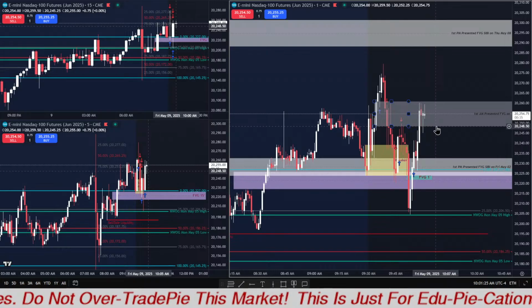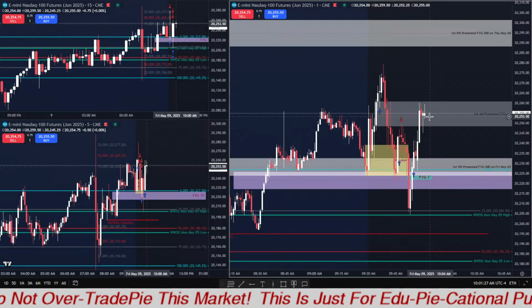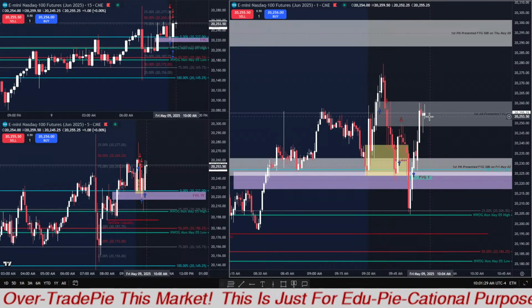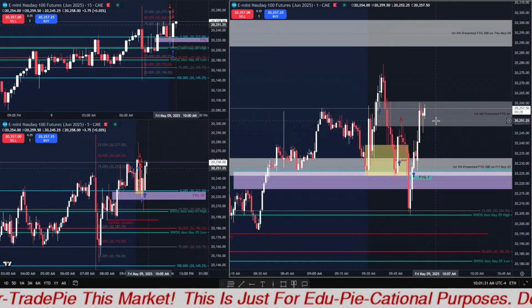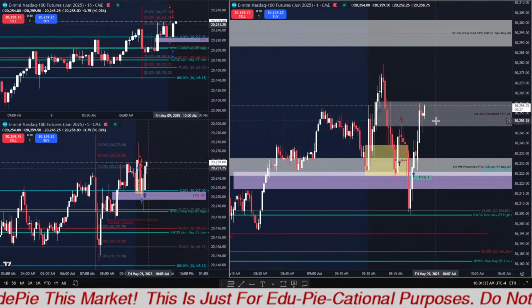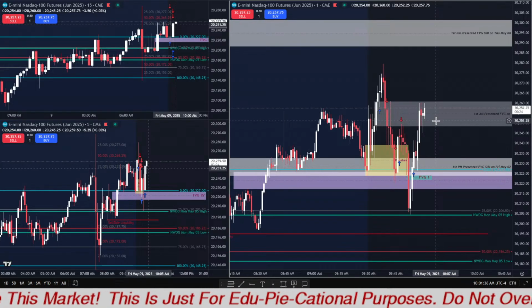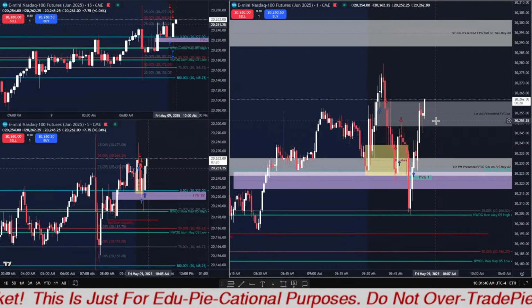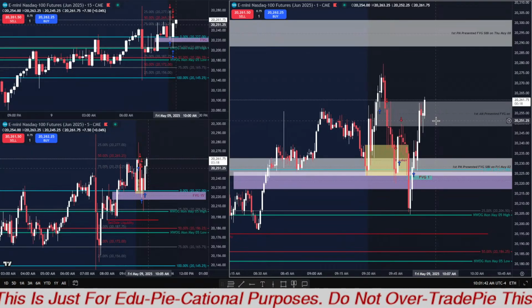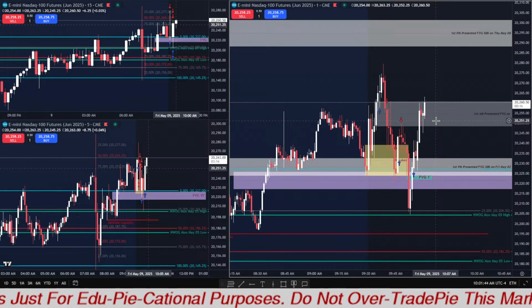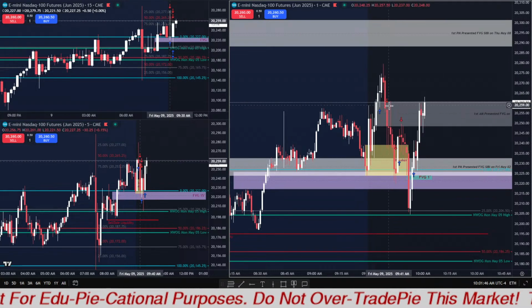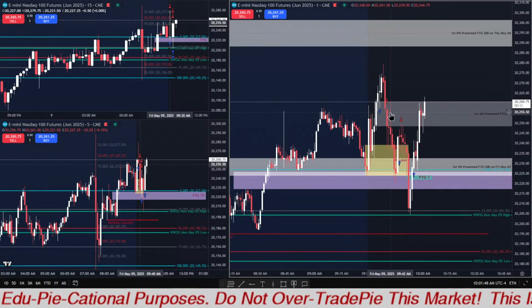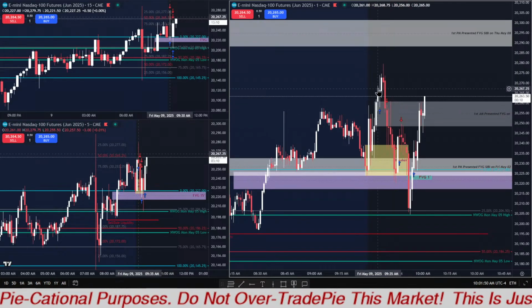But right now the market is respecting the midpoint of the consequent encroachment of the first presented fair value gap. Traded into this small portion of CB, I apologize.